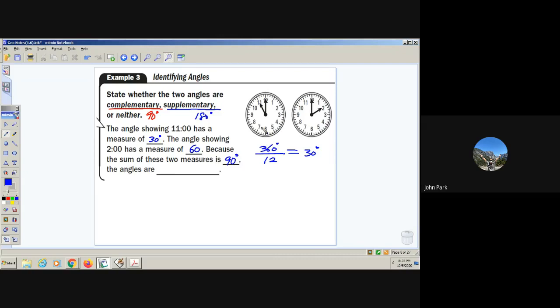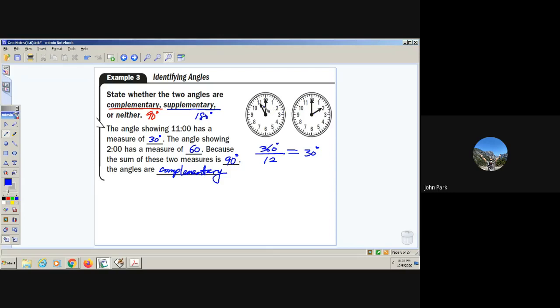So therefore, these angles are what's called complementary, right? They're complementary angles together, and they're complementary of each other, because they add up to 90 degrees. So that's how you can use the clock to think about whether the two angles that the clock shows are complementary or supplementary.